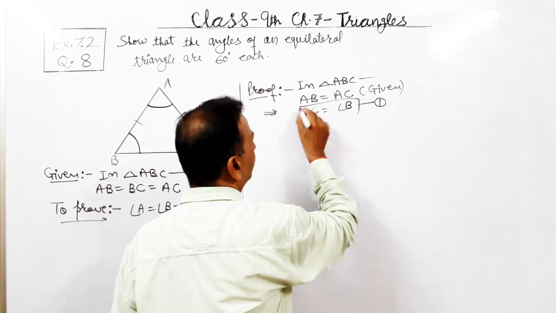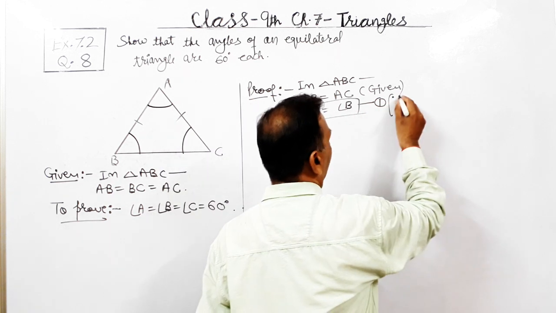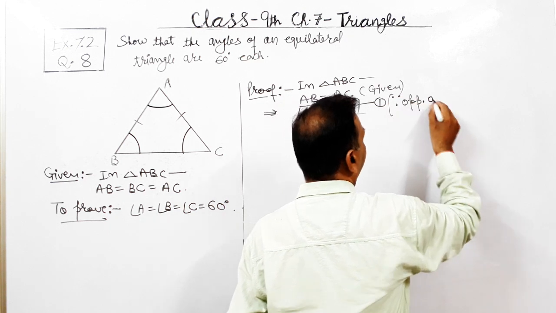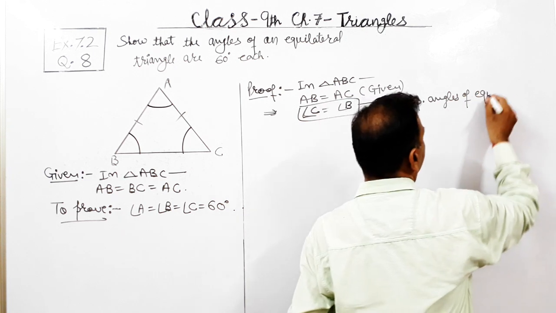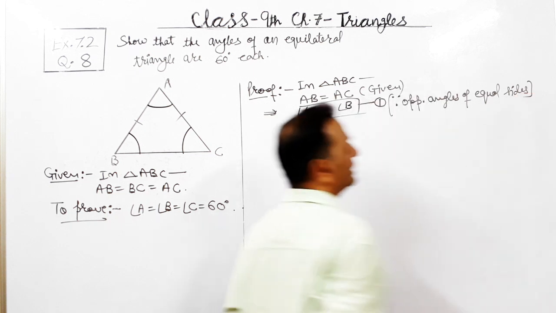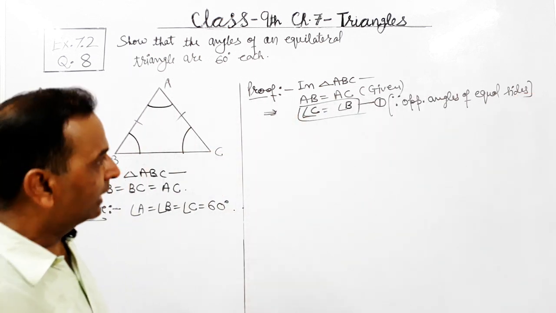This is result number 1. Okay, and now mention the reason. Because they are the opposite angles of equal sides. In any triangle, if two sides are equal, then their opposite angles are also equal to each other. This is result number 1.